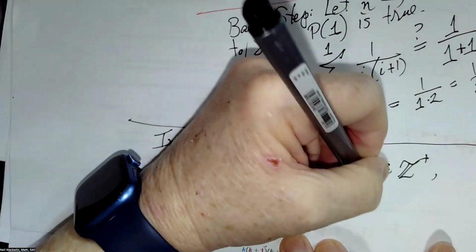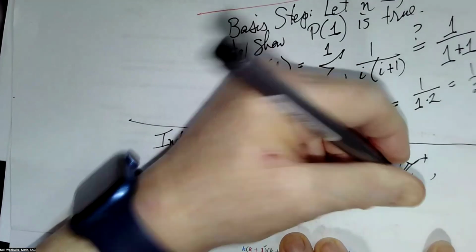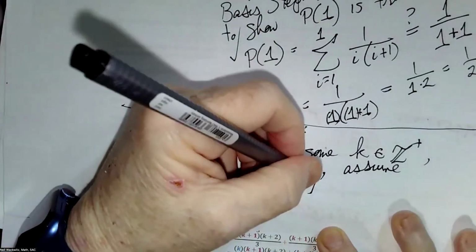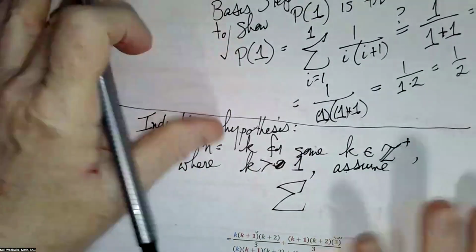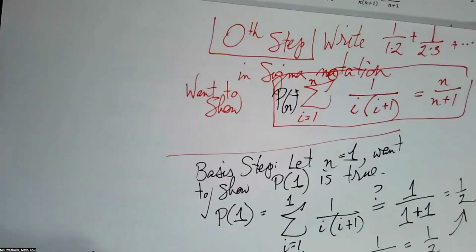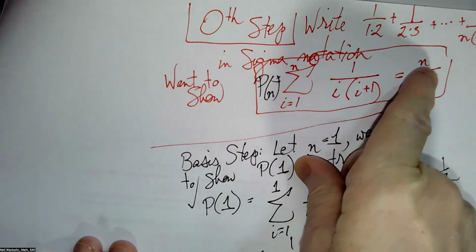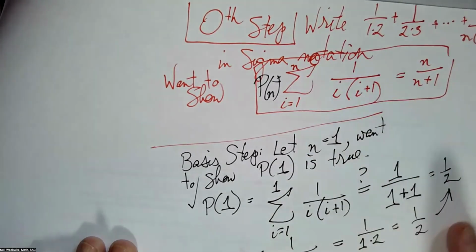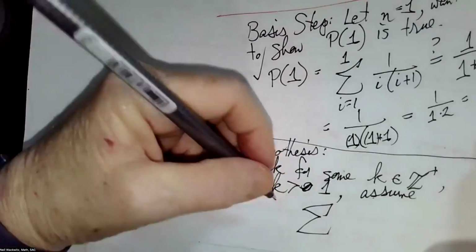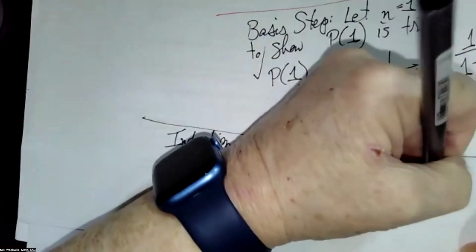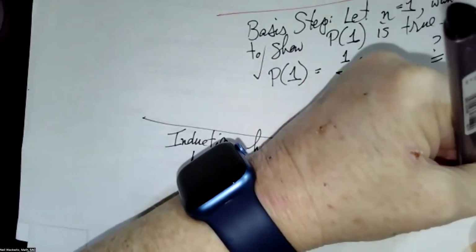And we're going to assume that if we take our rule and change all of the n's to k's, we're going to show so that P of k is true.